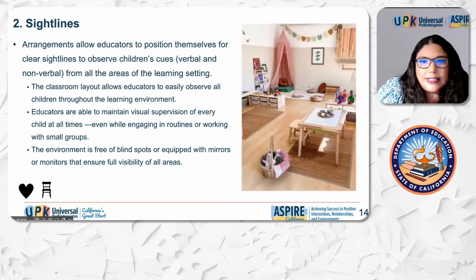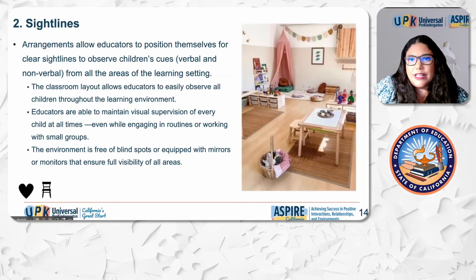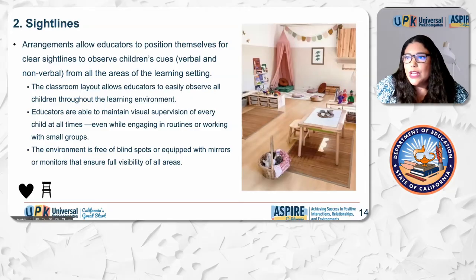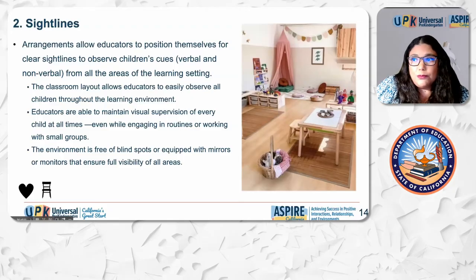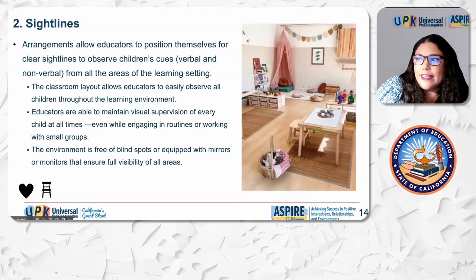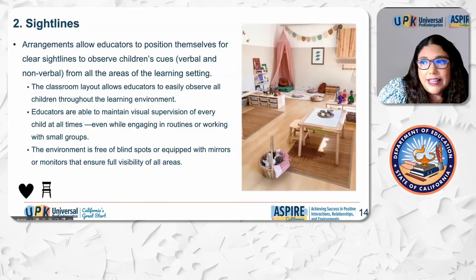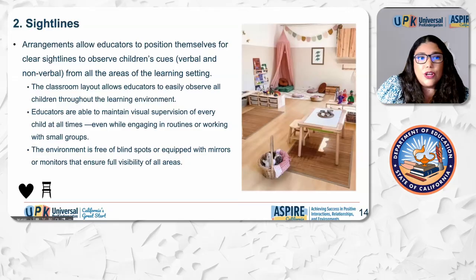Okay, let's take a look at sightlines. The arrangement allows the educators to position themselves clearly so they're able to observe children's cues, verbal and nonverbal, right? So if we think of the classroom layout, it allows educators to easily observe all children throughout the learning environment. They're able to maintain that visual supervision so that children are safe.